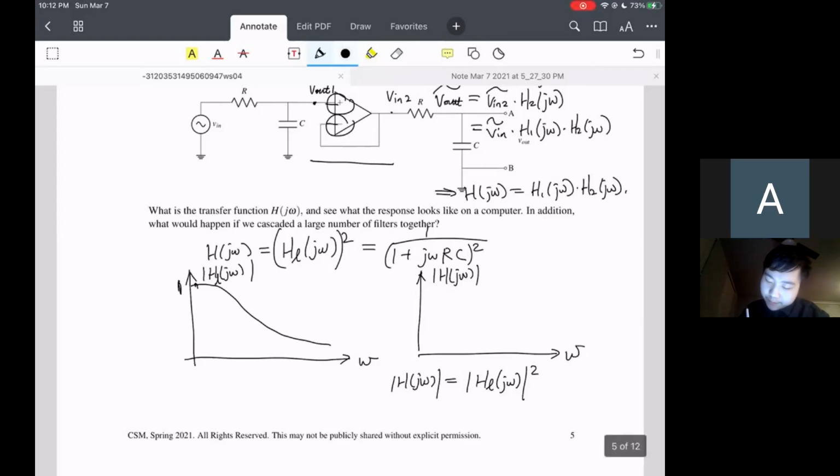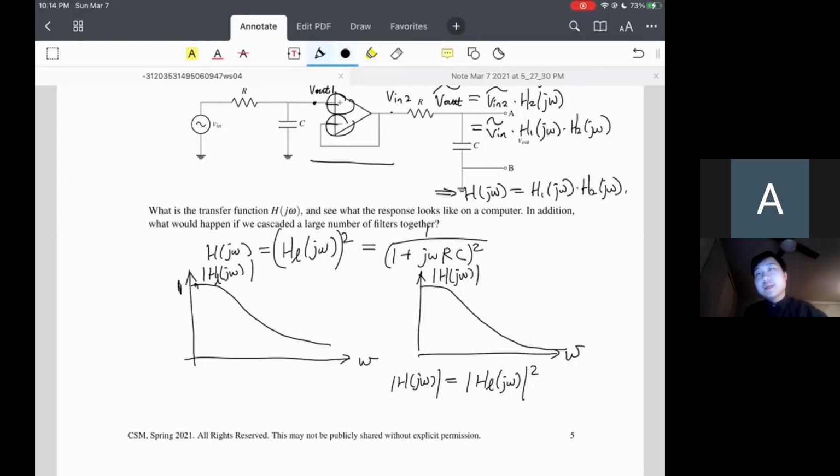So it's going to look a little bit steeper. Now, obviously, when I draw it, it's very hard to tell whether it got steeper, but it's good to understand that since the magnitude of the transfer function must be no more than 1, when we square it, it's definitely going to be smaller than the original value.